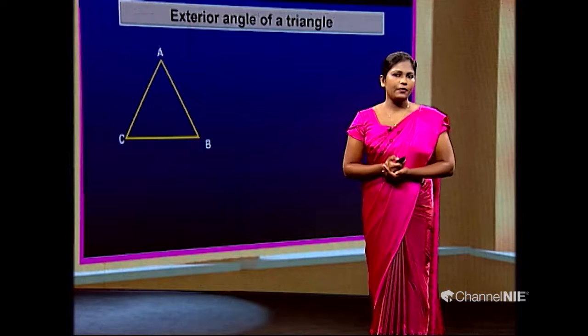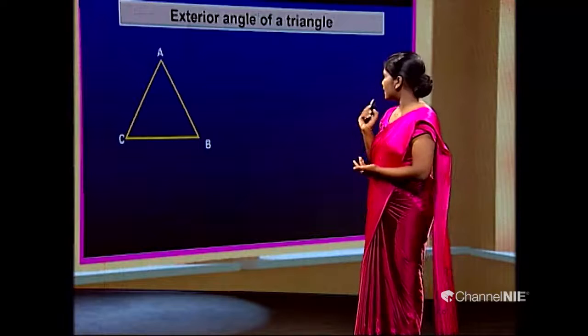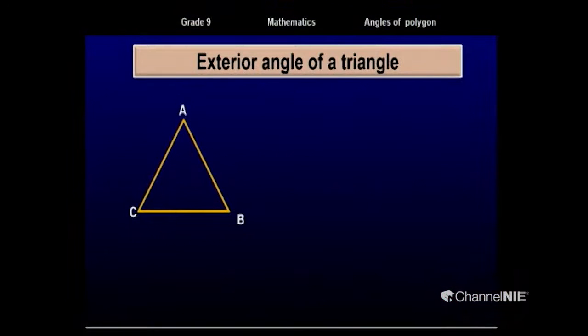First of all we discuss the exterior angles of a triangle. Now you can see triangle ABC. Hope you are ready. Okay children, now we are going to produce that line. Produce the side BC up to D, and there is an exterior angle.